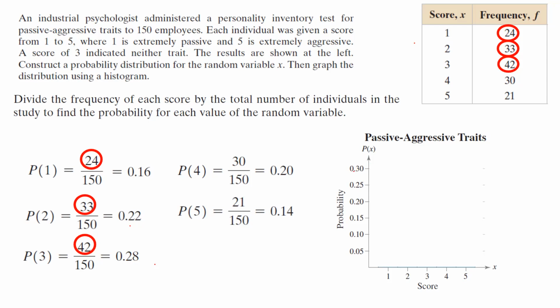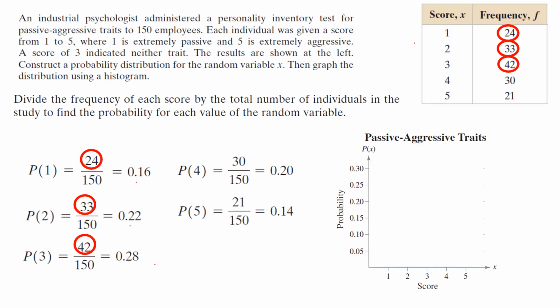I'm going to scale it to 30%. So again, look for the highest probability in your calculation. The closest number to 28% is 30% or 0.30. I'm not going to go more than 30%.